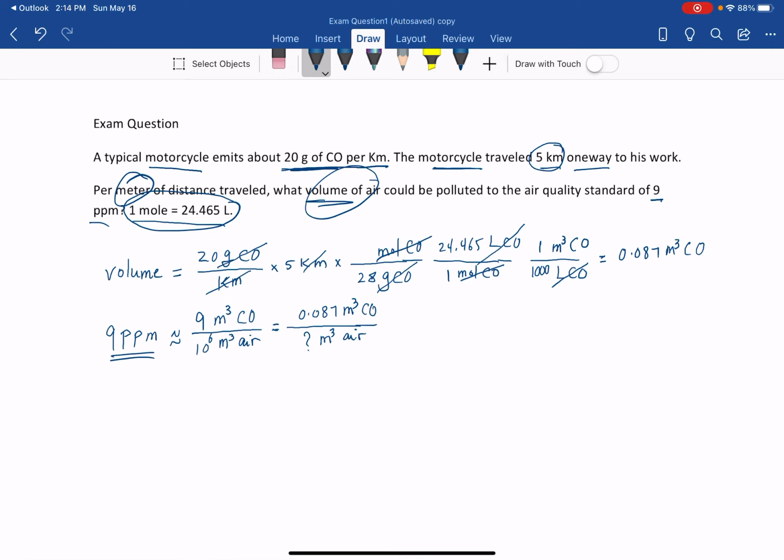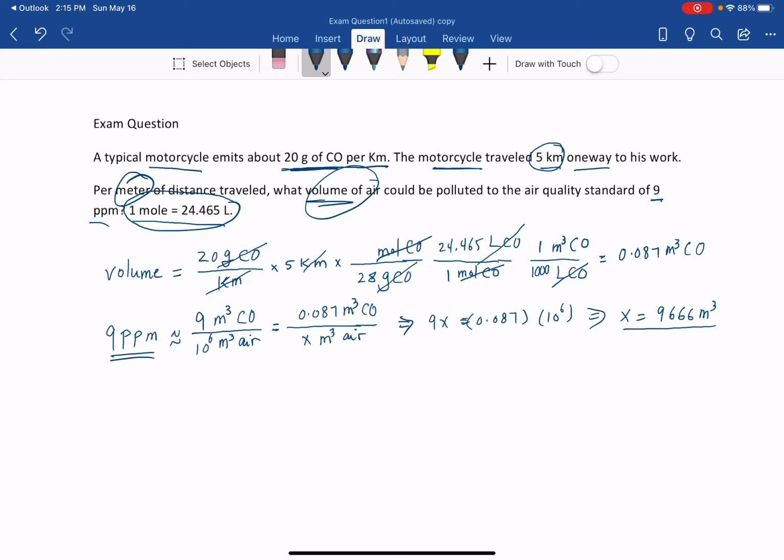Let's just call this X. So you do a cross multiplication. 9x is equal to 0.087 times 10 to the 6. So x would be equal to 9,666 meter cube. This is the air that will be polluted.